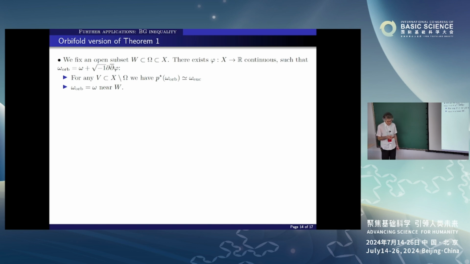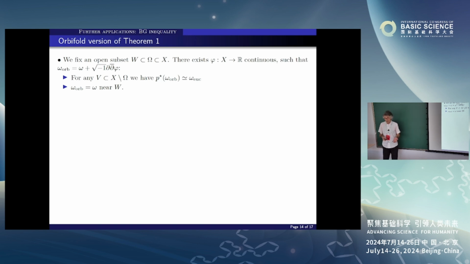Okay, so somehow we want this omega orb to combine two different sorts of geometry: the smooth one near W, and the singular orbifold one outside, I mean, reasonably far from this set of bad singularities. You will see the technical reason for which we choose the metric like that.